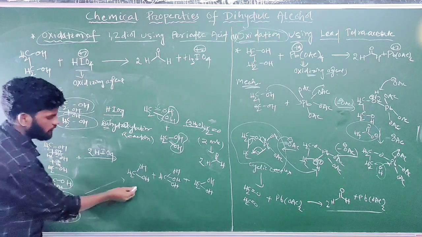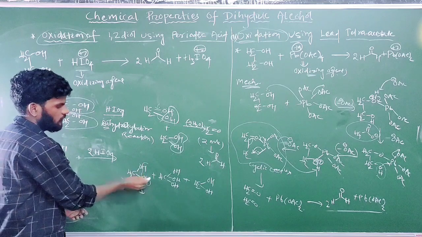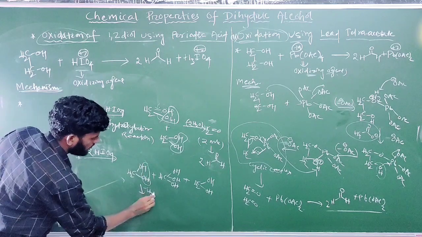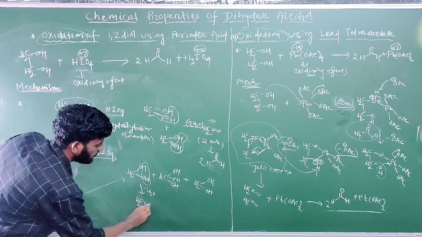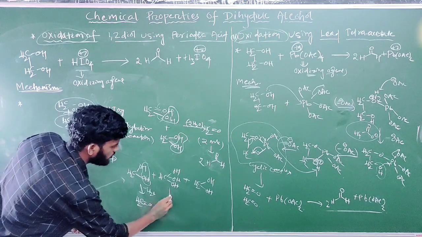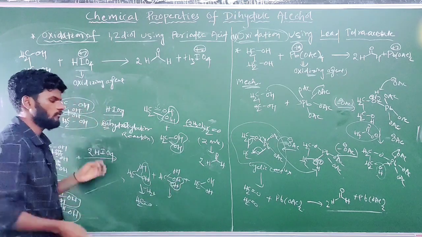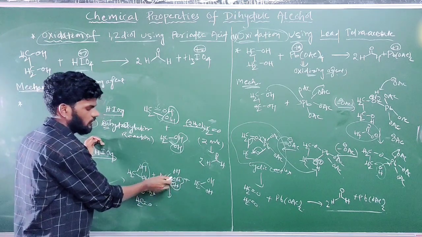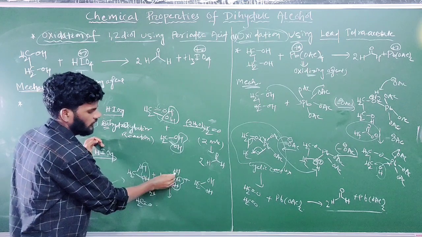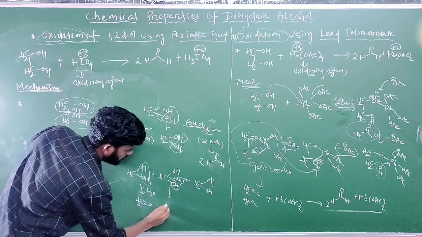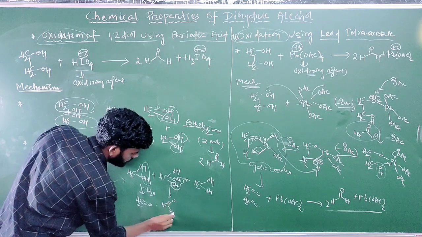Next step, the water group is released as HOH, minus water, then CH2=O forms. CH2=O means formaldehyde. Here, if water is released, what will it form? A double bond to O forms, and here is OH, so you can write HC(=O)OH.